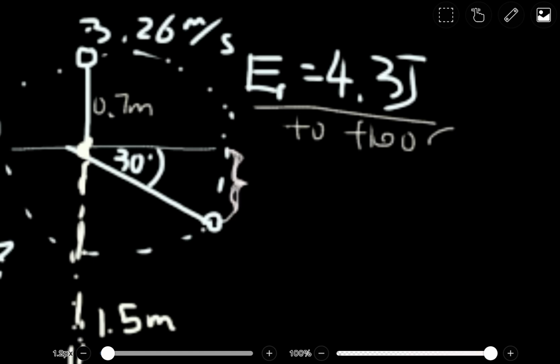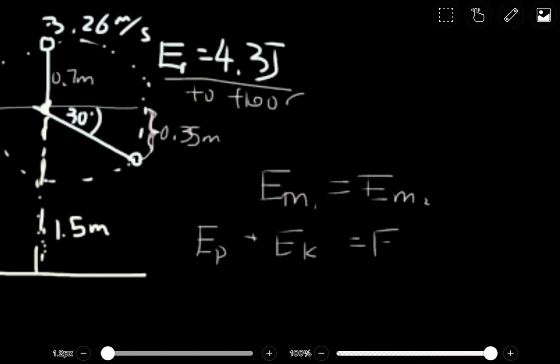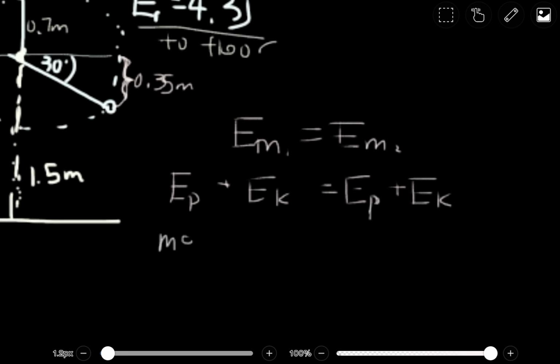If we're going to use conservation of energy, we are going to have to use this expression, because energy in this system is conserved, and the potential energy plus kinetic energy will be equal to the potential energy plus the kinetic energy of the second position. Now the question lies in what we should put in for the height of the potential energy, because everything else seems pretty simple.